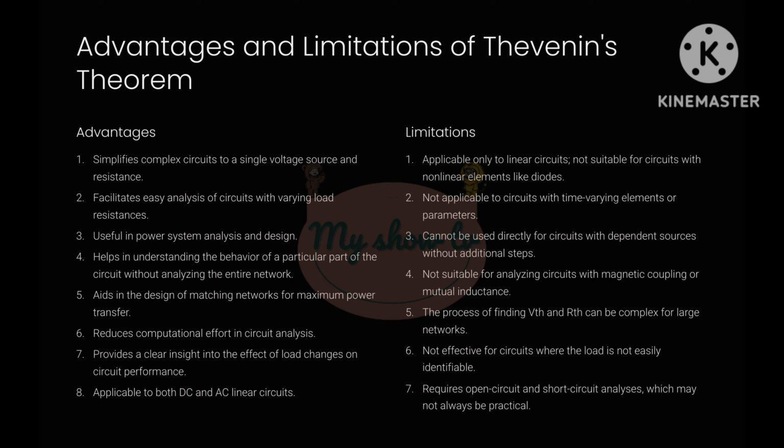Requires both open circuit and short circuit analysis, which may not always be easy. 7. Thevenin's model is less intuitive for current-driven circuits. For that, Norton's theorem may be more suitable. So, while Thevenin's is a powerful tool, it should be used correctly and in the right situations.